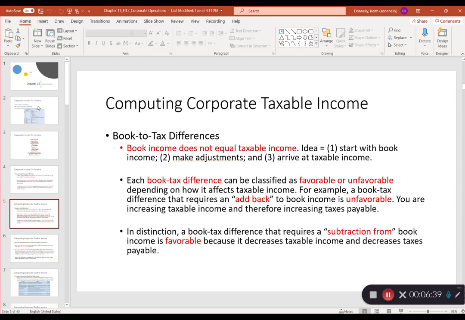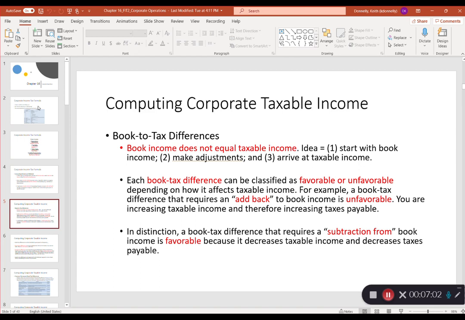So, okay, we said we formed the corporation, we're now running it, we established when our tax year end is, and we said what methods we're going to use to apply to everything that happened over that period of time. Now we have to make the distinction between book income and taxable income.